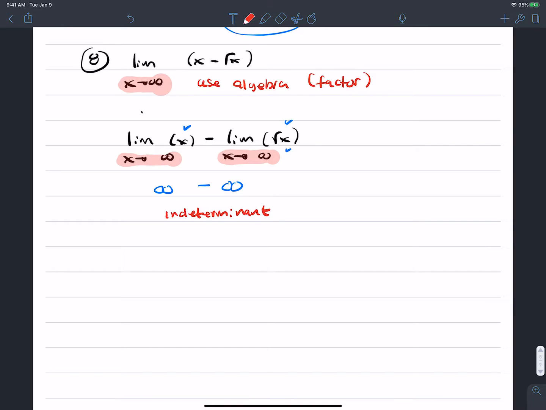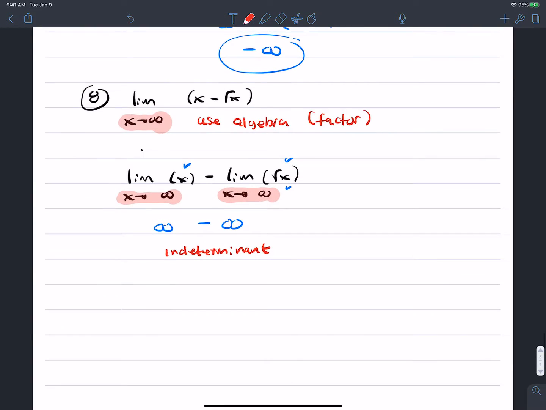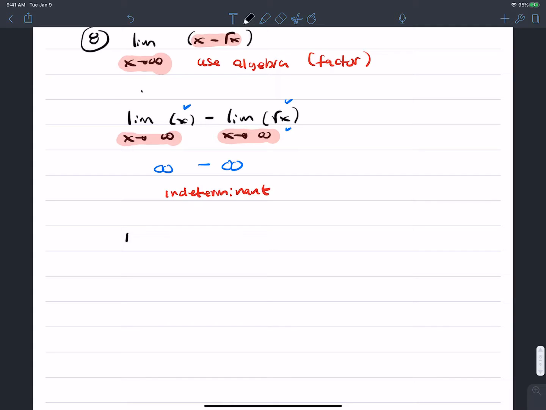Now, again, this is a situation where you may say, wait a minute, how am I going to factor this x minus square root of x up here? This is what we're going to have to factor. And you're going to factor out the greatest common factor. So you have the limit here, x gets big, x minus the square root of x, and you're going to have to factor.